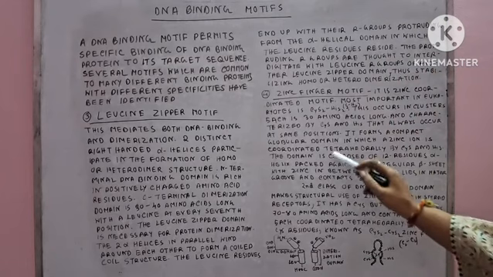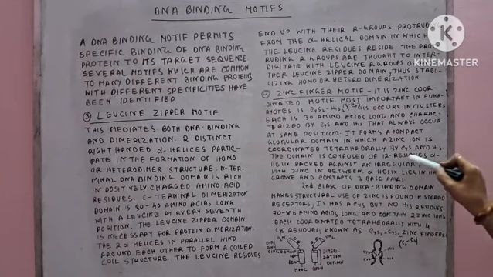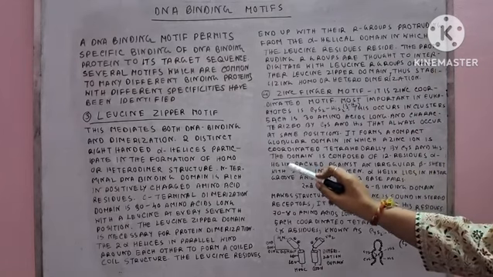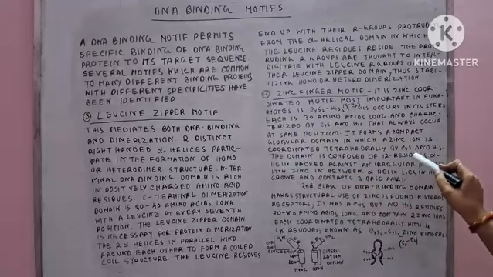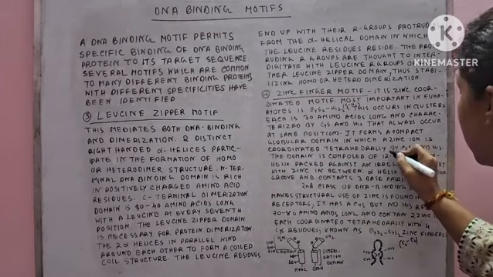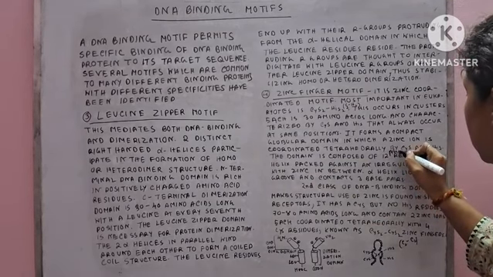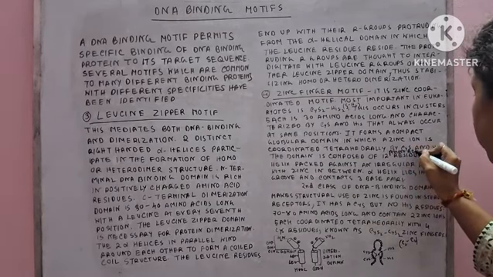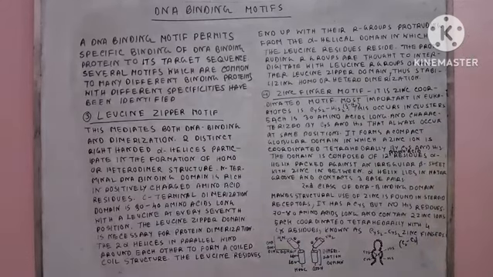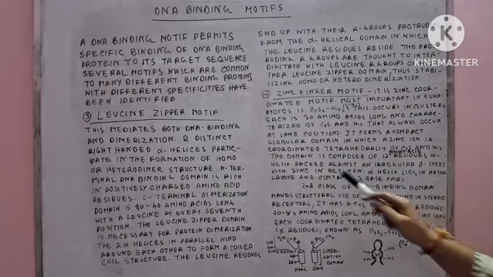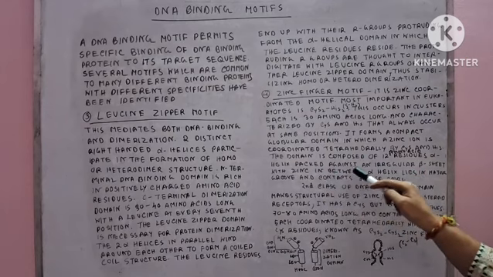The domain is composed of 12 amino acid residues, and an alpha helix packed against an irregular beta sheet with zinc in between.